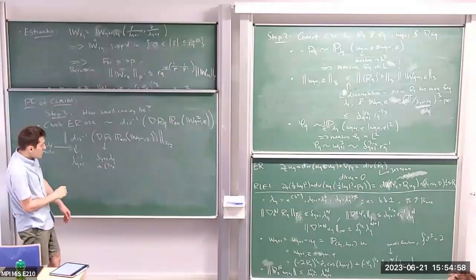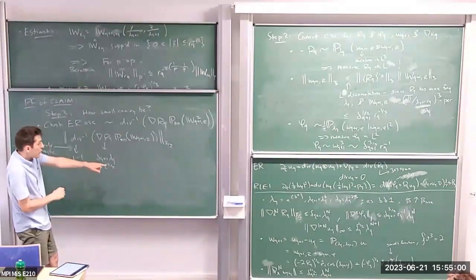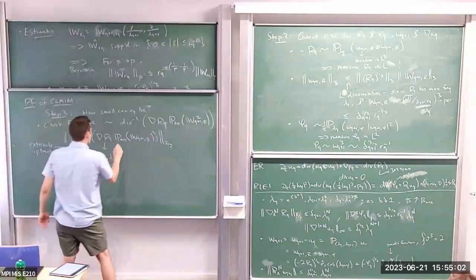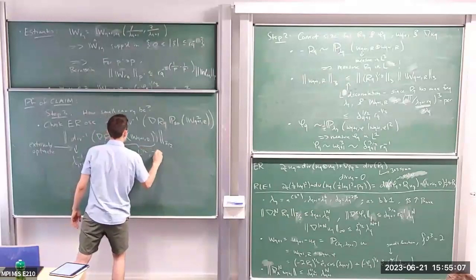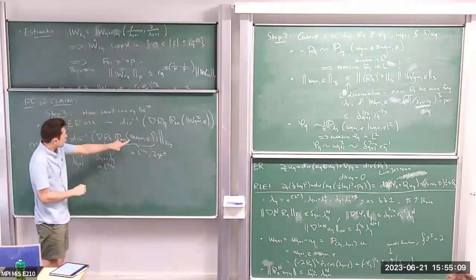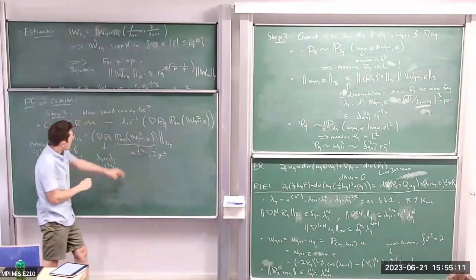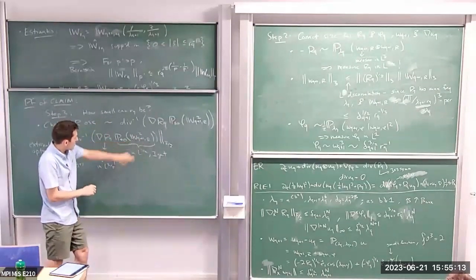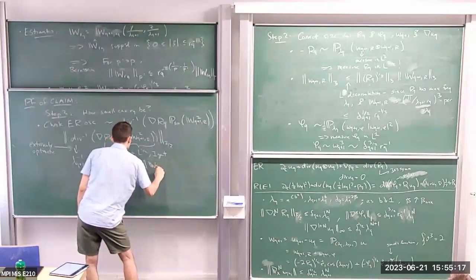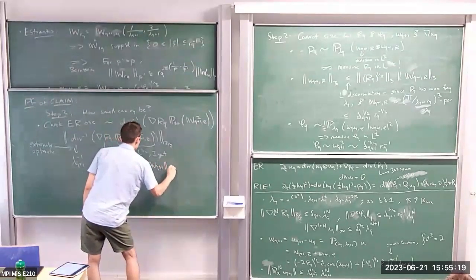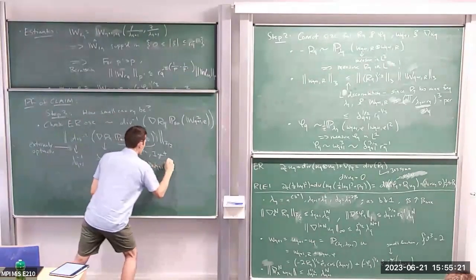And if I use my LP decorrelation again, and I measure this in L3 halves, L3 halves of this thing squared is kind of like taking the L3 norm and squaring it.